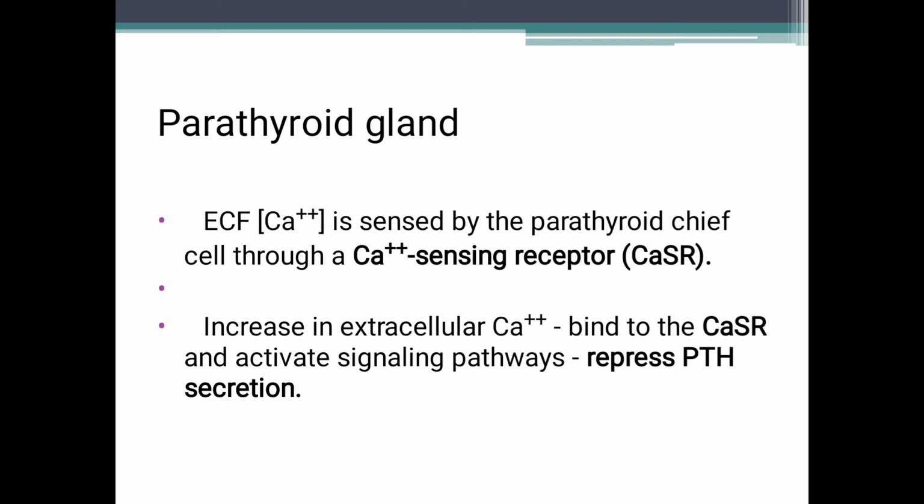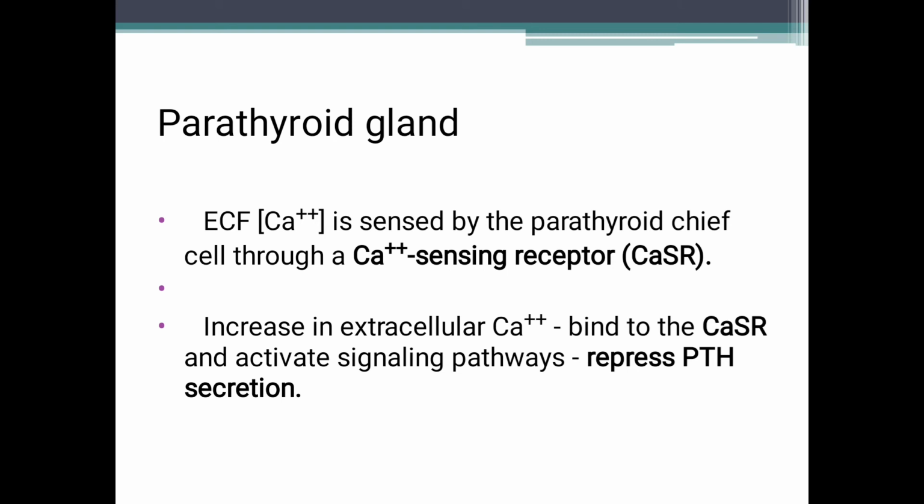Whenever there is an increase in the extracellular calcium, that calcium will bind to the calcium sensing receptors and activate the signaling pathway. That will decrease the parathyroid hormone secretion.